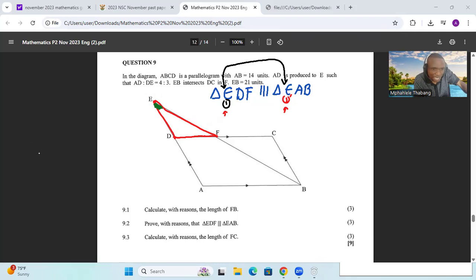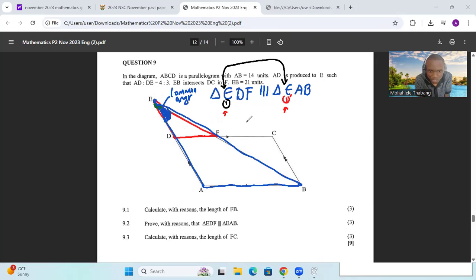If we go to the triangle EAB, we notice that the angle E is common. It is found in both our triangles. If you go to the triangle EDF, the angle E is the same angle E in the triangle EAB.